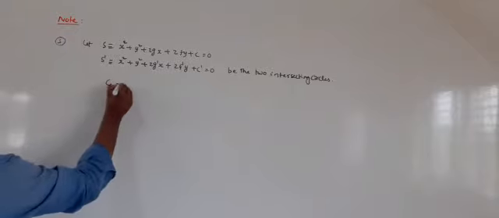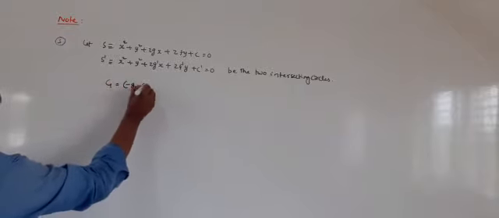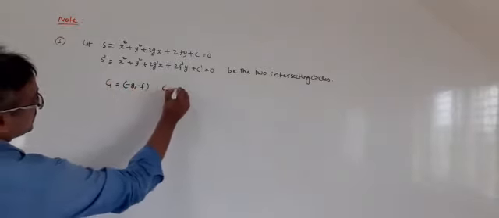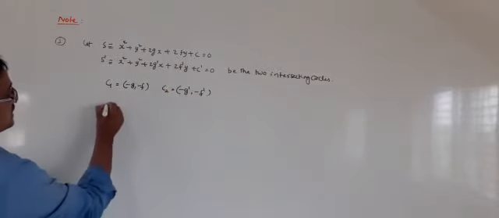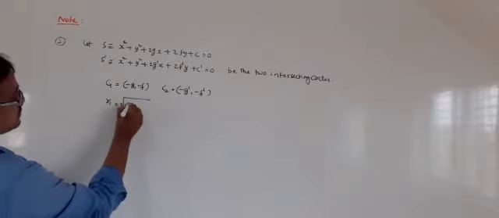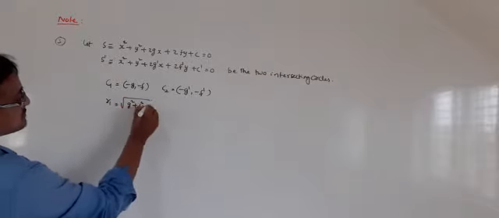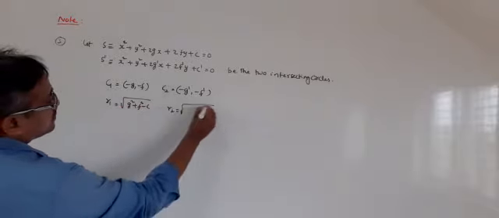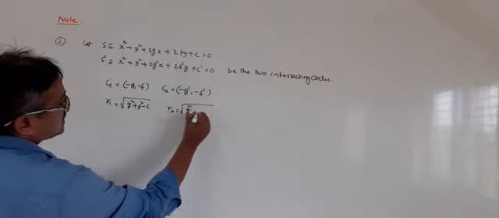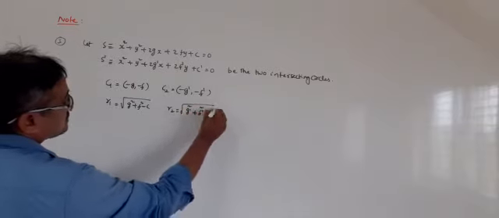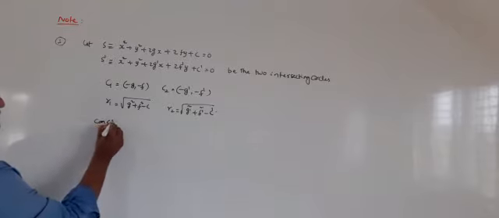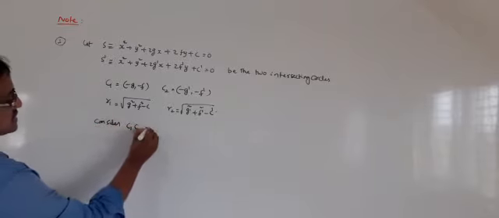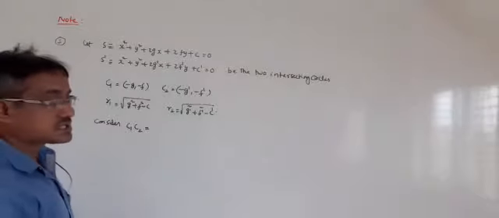We have C1 is equal to minus g comma minus f, C2 is equal to minus g dash comma minus f dash, R1 is equal to root of g square plus f square minus c, R2 is equal to root over g dash square plus f dash square minus c dash. Now consider C1 C2, that is the distance between the two centres.